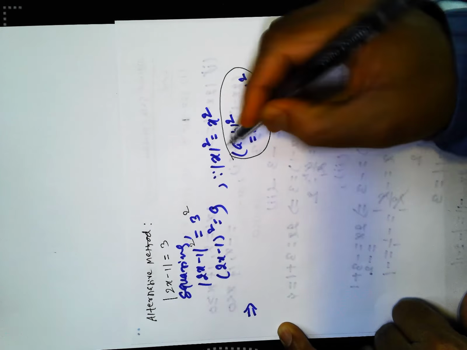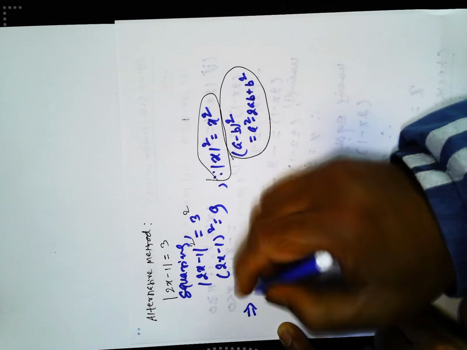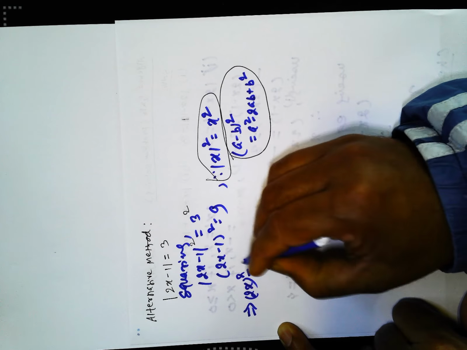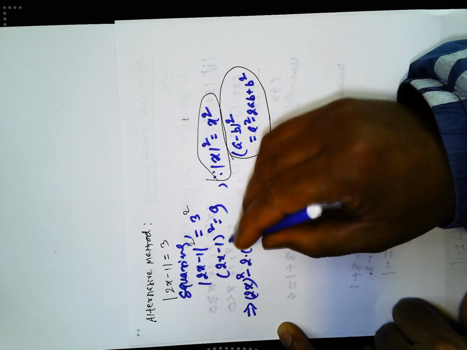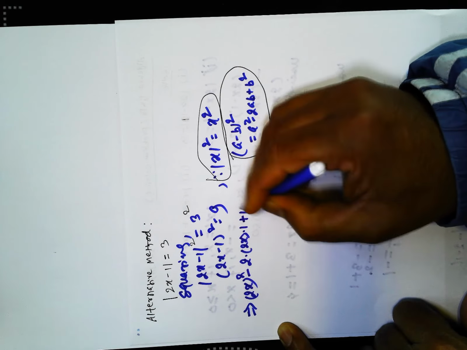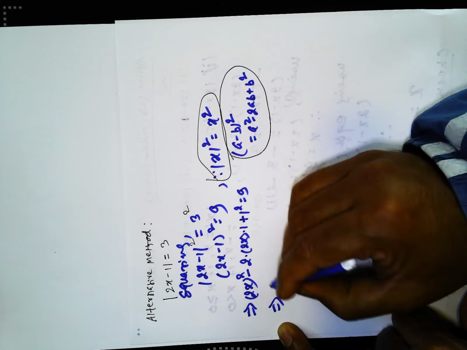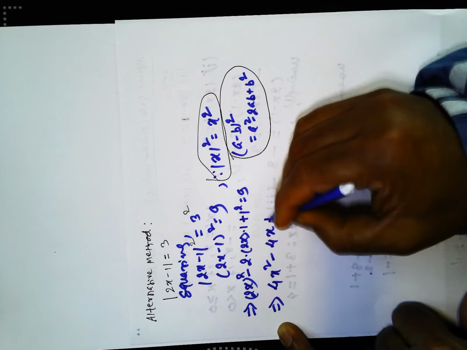So when you expand it using this formula, it is 2x squared minus 2ab, where a term is 2x and b term is 1, and then plus b squared, so b is 1, so 1 squared equals to 9. Now it is 2x squared, means it is 4x squared minus 2 into 2x, that is 4x, and plus 1 equals to 9.